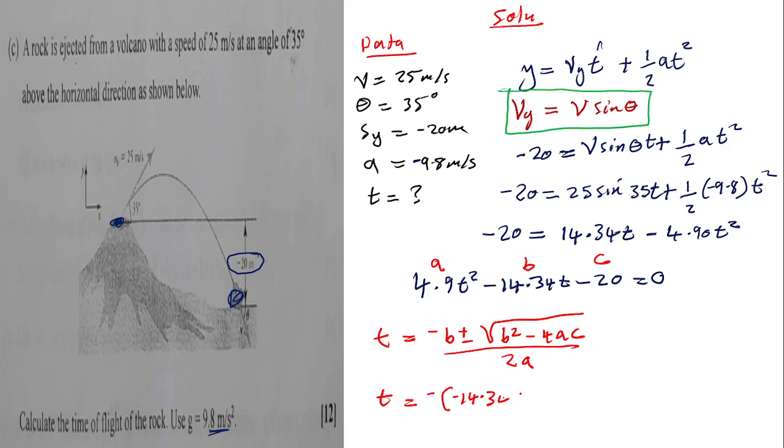Then you're going to have square root b squared, which is going to be negative 14.34 squared, and then minus 4. Your a is simply 4.9.